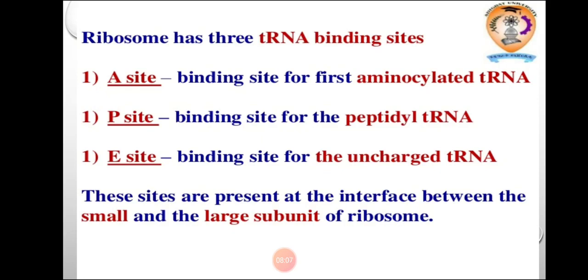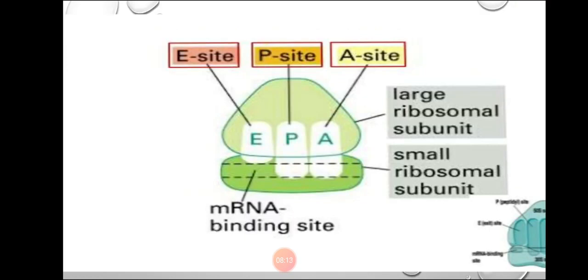Only the first tRNA amino acid complex directly enters the P site of the ribosome. The next onwards, second, third, fourth, all those amino acid complexes enter at the A site.